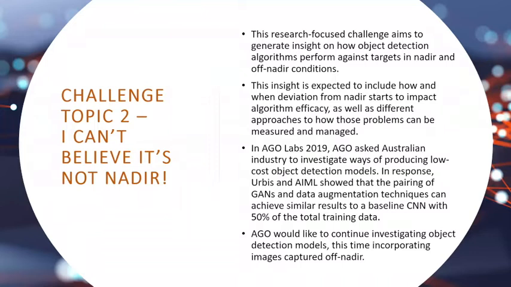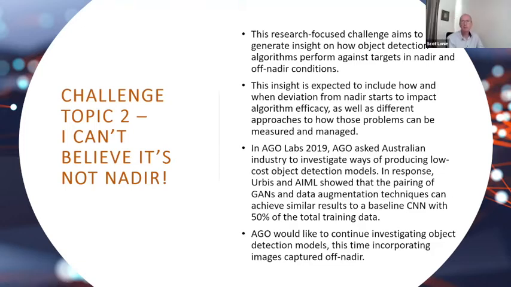Although there's GANs listed on that slide, we're not prescriptive about the techniques you use. We're really interested in seeing all the different ideas you come up with, and you certainly don't have to use GANs to be successful in this challenge. So I just thought I'd make that clear as well. That's all from me. Thanks, Kieran.